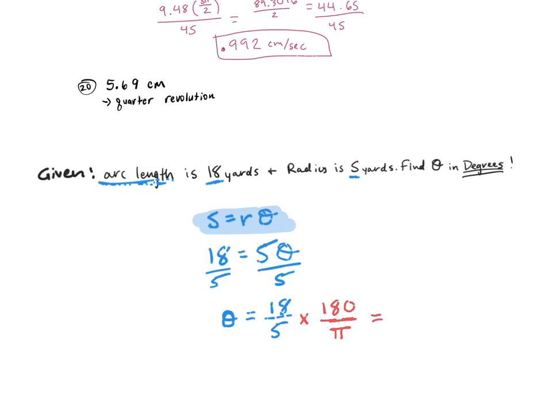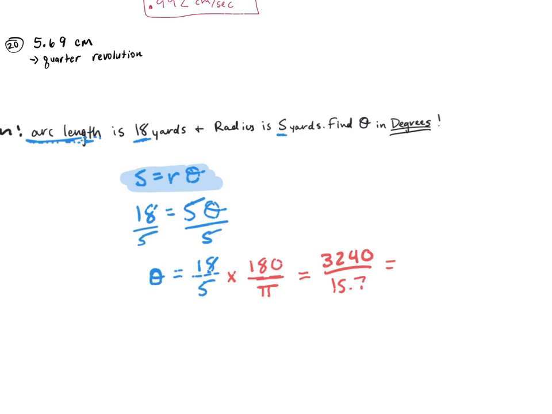And then 5 times 3.14, which is 15.7. And divide. We get 206.37, which we could round to 37. And this is degrees. So anytime you're talking about degrees, you just have to put that little degree symbol.